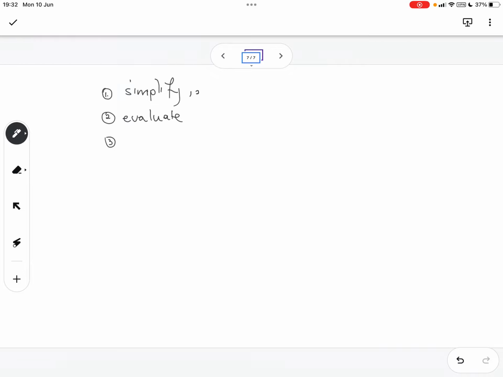Then there's evaluate. Then there's, I guess reduce or simplify is reduce. So I'll just put simplify or reduce. And then there is prove.